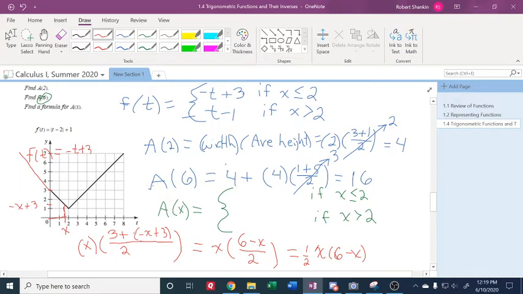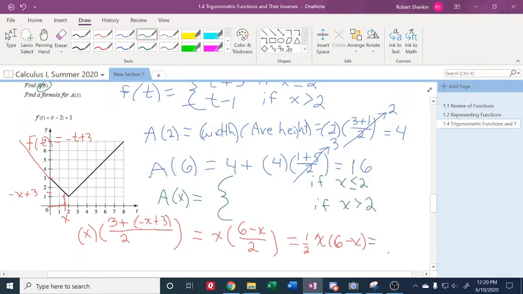And then let me go to green. And this, if I distribute this out, the 1/2 x and 6 are going to make 3x.